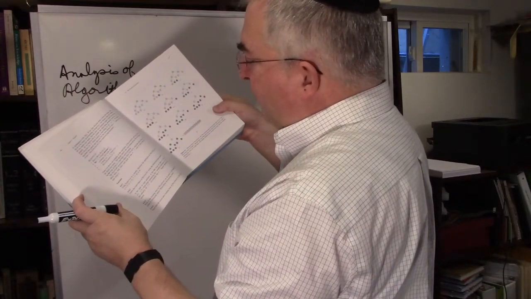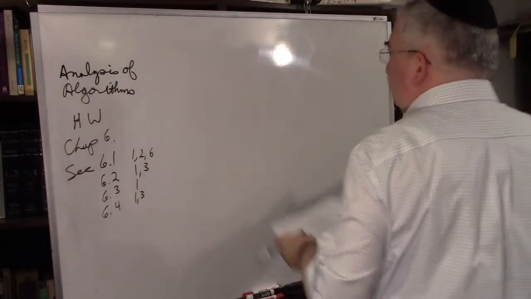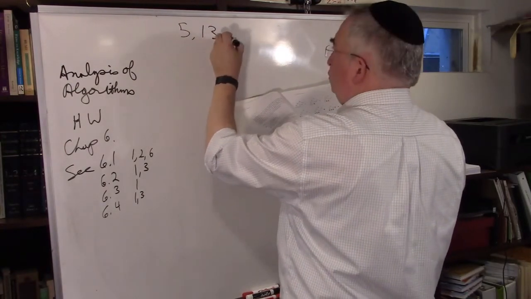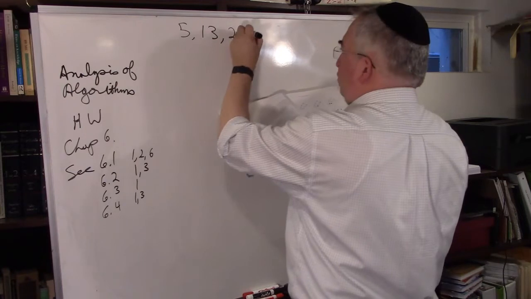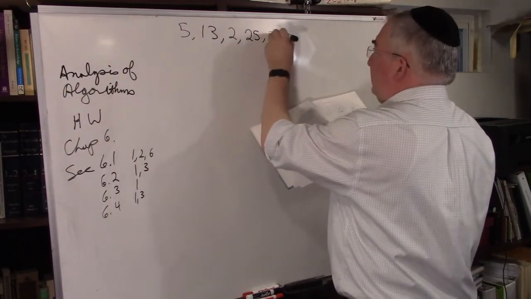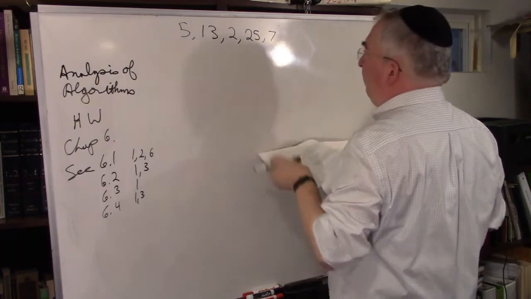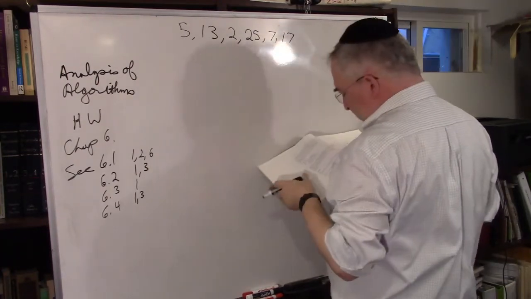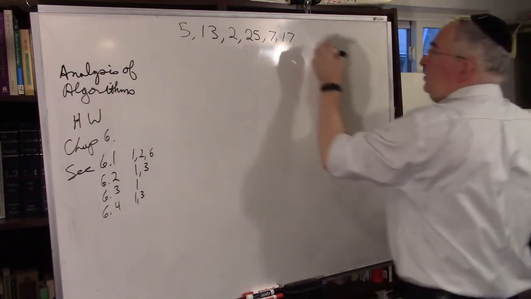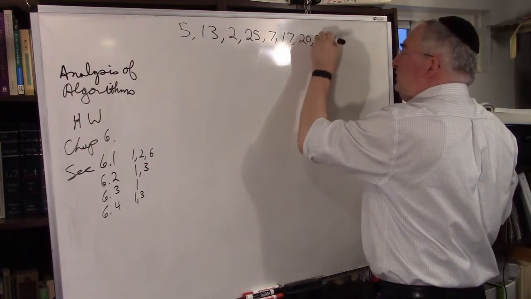Illustrate the operation of heap sort on the array. Let's do it. 5, 13, 2, 25, 7, 17, 28, and 4.